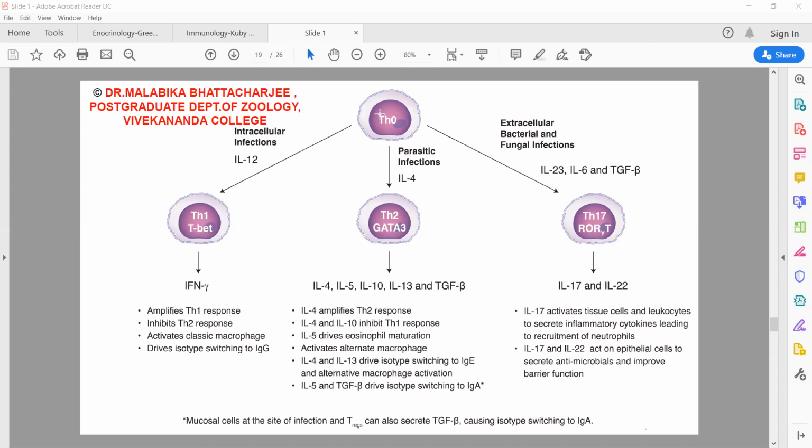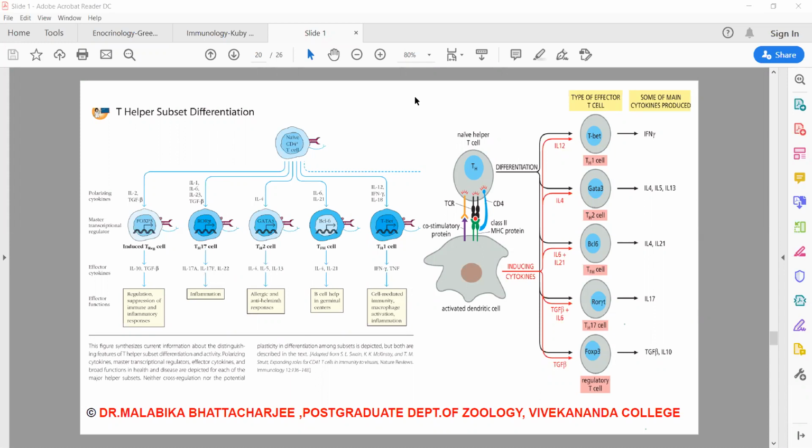That means when a mature CD4 positive T helper cell differentiates into a T helper 1 category, the T-bet gene is expressed to produce this transcriptional regulator. And this transcriptional activator or regulator then controls the further functions of these cells. So these are further different.